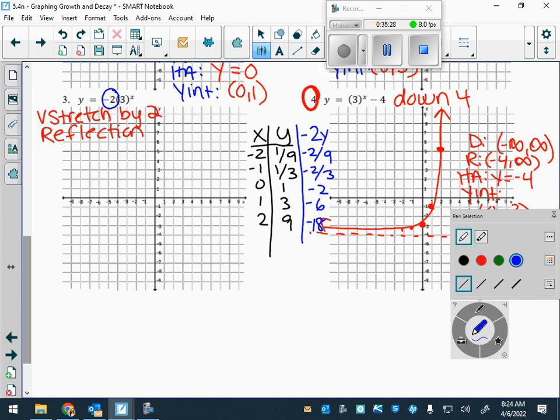Okay, so 0, -2. Okay, 1, -6, and -18 is somewhere down here somewhere. And then -2/3, -2/9. This is what it looks like.